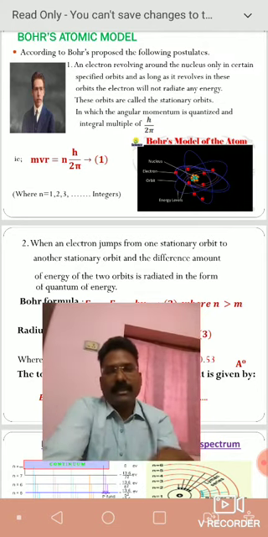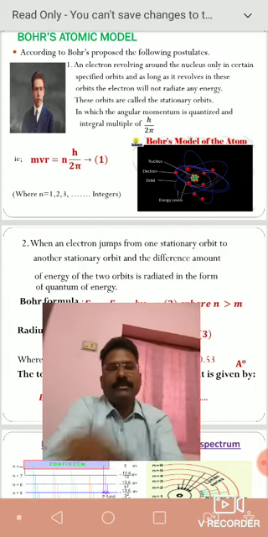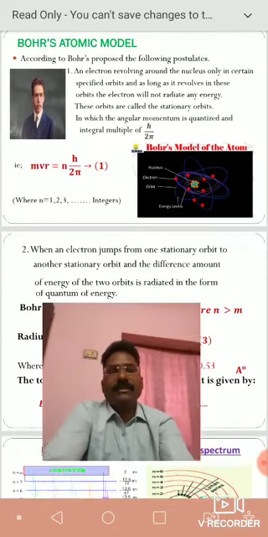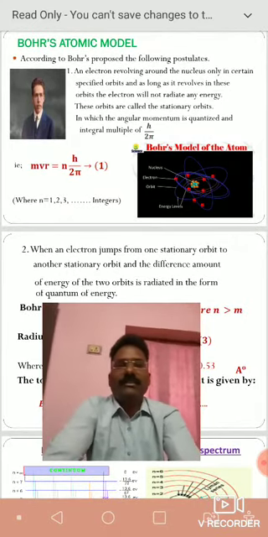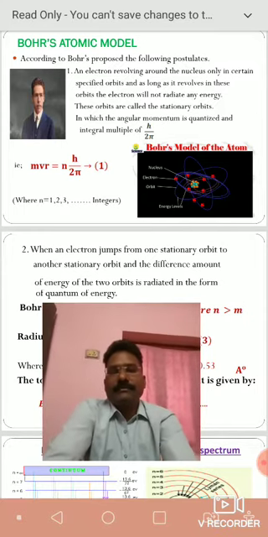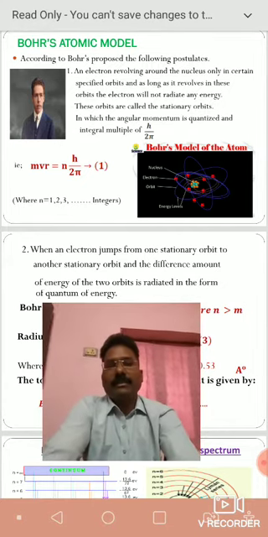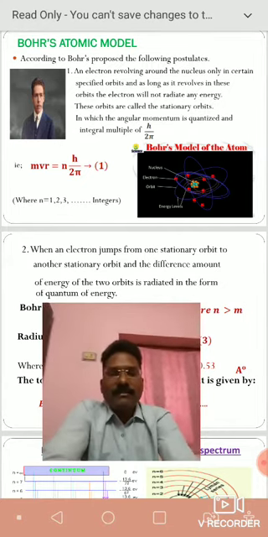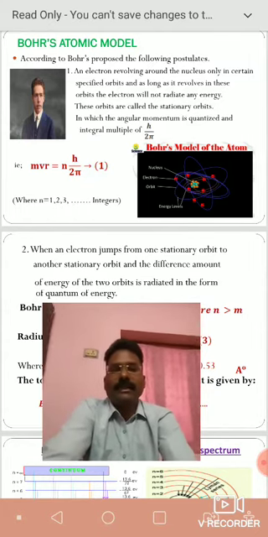Radius means the distance from the electron to the central nucleus, which does not change, hence the energy does not change, the momentum does not change, therefore the angular momentum is an integral multiple of h by 2 pi. From that, the equation can be written as mvr equals nh by 2 pi. mvr is angular momentum, an integral multiple of h by 2 pi, where n is equal to 1, 2, 3, etc.